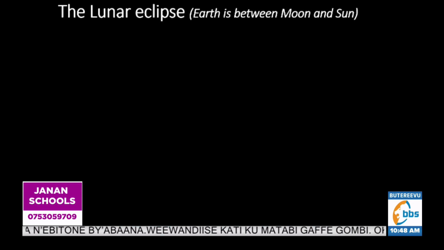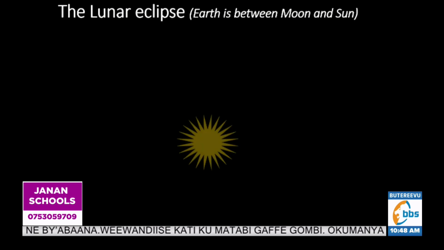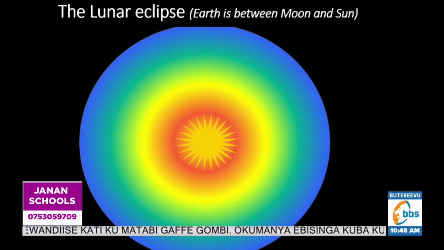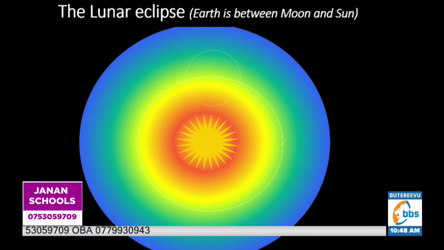You need to see them before we run out of time. So that is when the earth is between the moon and the sun. Let's continue such that they're able to see clearly what happens there.